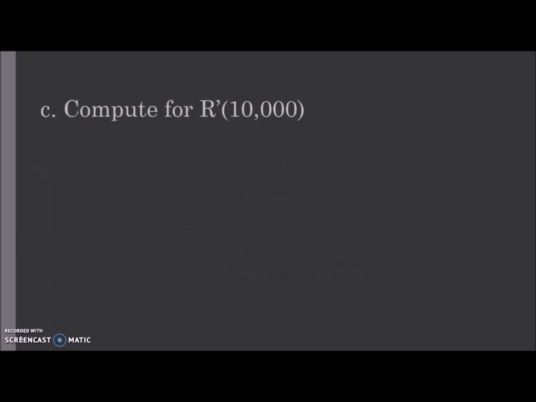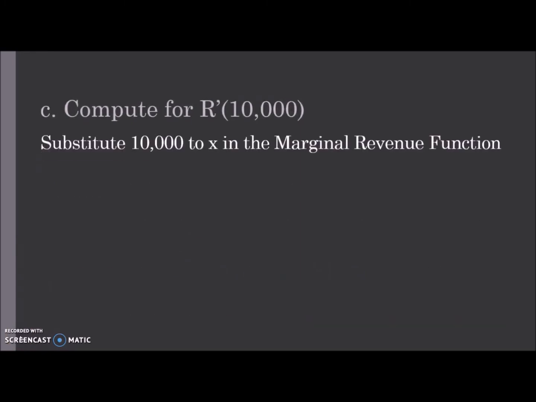And for the last one, we're going to compute for R prime 10,000. Substitute 10,000 to x in the marginal revenue function, which is our answer earlier. R prime x is equal to negative 0.04x plus 600. And again, x is equal to 10,000.